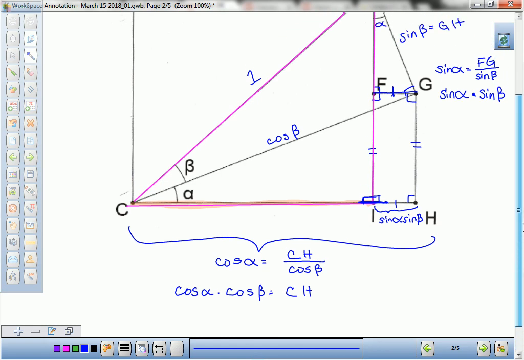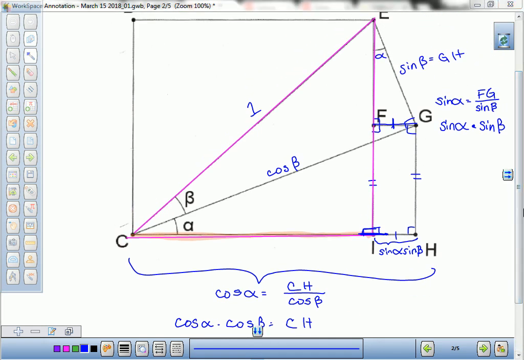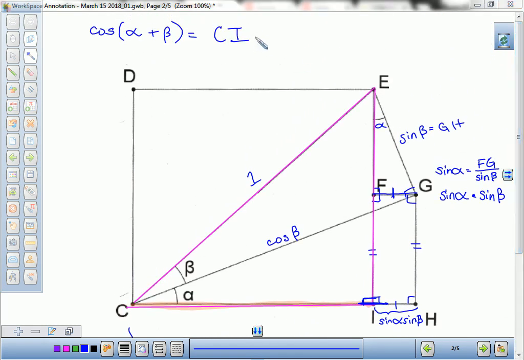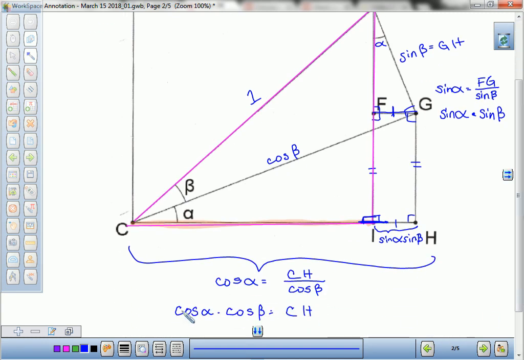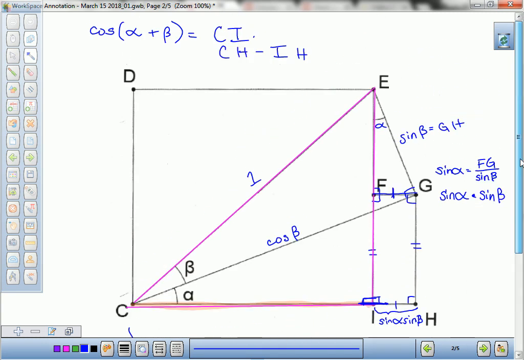Okay, so what we said was to find that CI, which we started with, we knew that CI could be CH minus IH, which we just saw for CH. It is cosine alpha cosine beta.